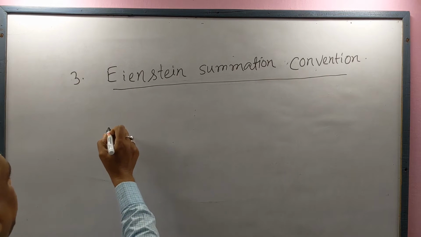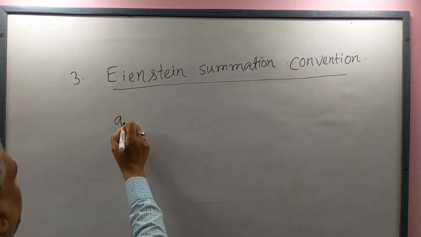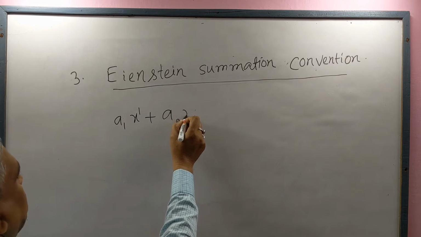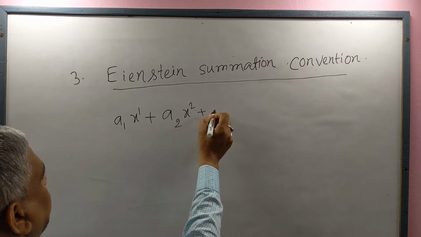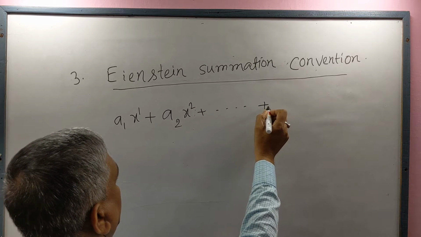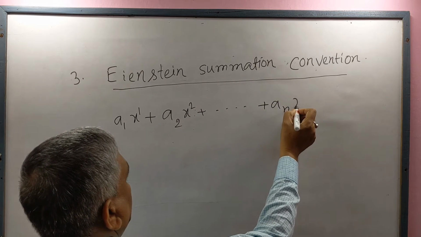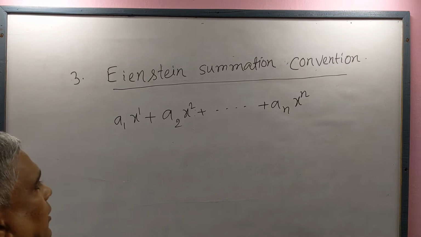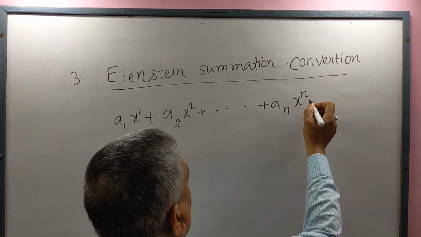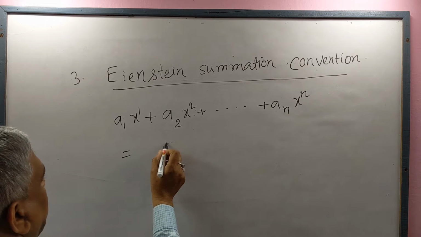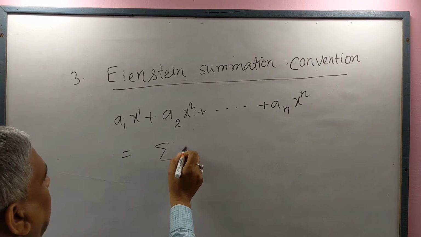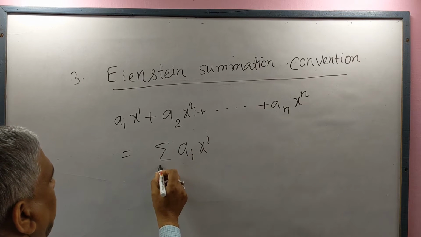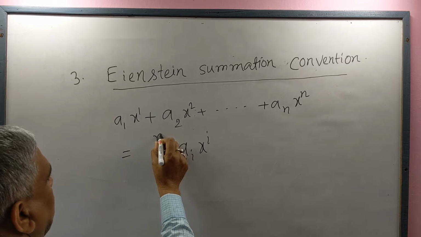An expression a1 x1 plus a2 x2 plus dot dot an xn is denoted by sigma a_i x_i, i from 1 to n.